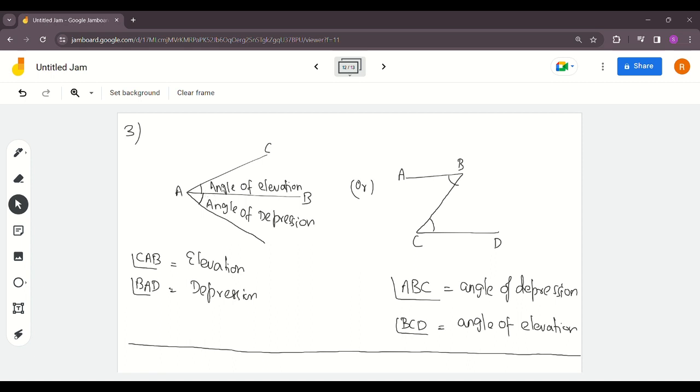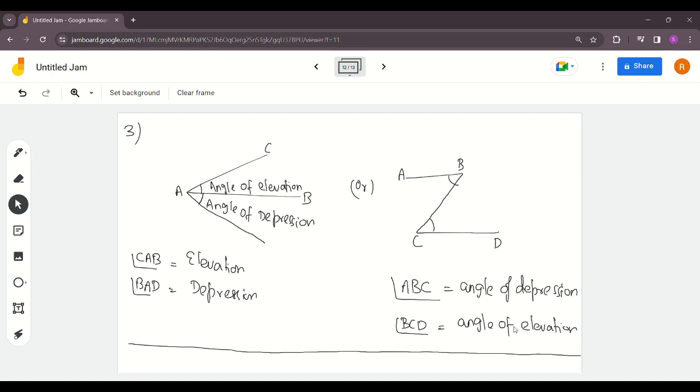So angle BAC is nothing but the elevation, and also angle BAD. This I forgot to name. You can keep it as D here. That is nothing but the depression. So an easy figure to understand when both elevation and depression are given is like this. So here you can see ABC is nothing but angle of depression, and angle BCD is nothing but angle of elevation.